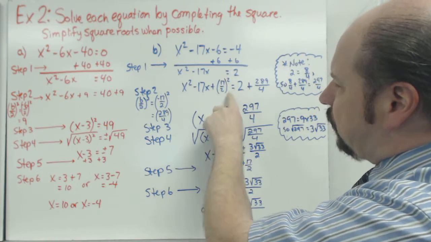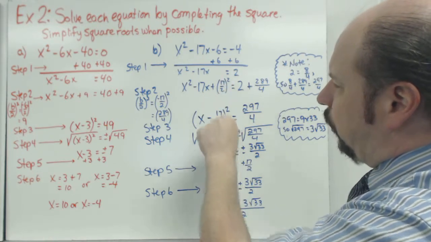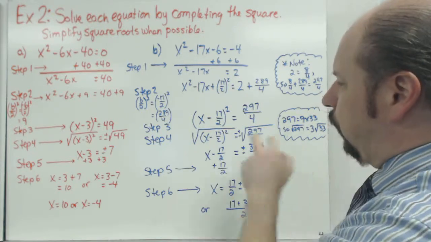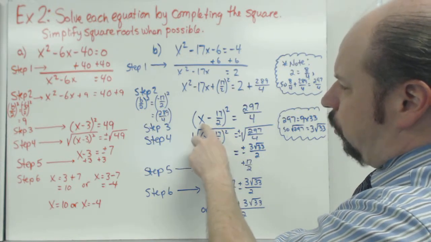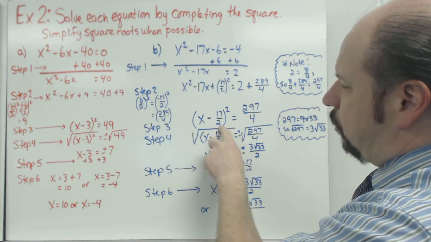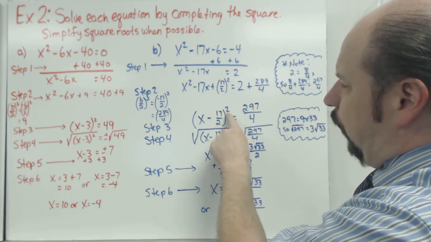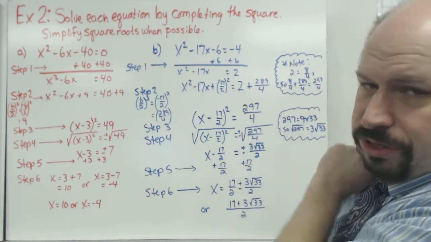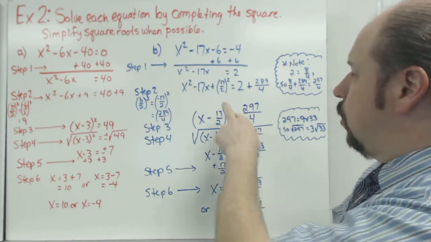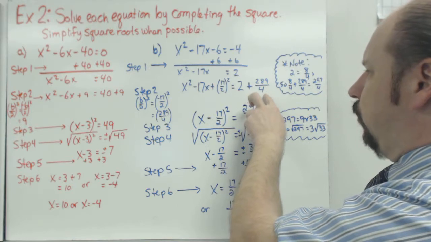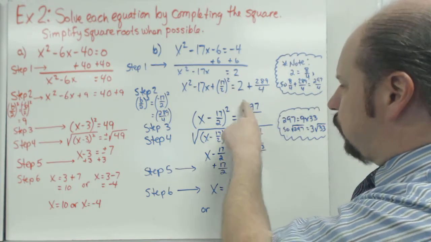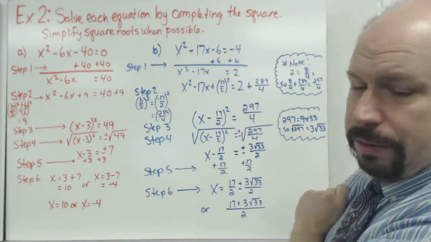Now, we can leave it as negative 17 over 2 squared here, because remember, when we factor that, really we just need that b term. So it's going to be x minus 17 over 2, squared. And over here, and I made a quick note here, 2 is the same as 8 over 4. So if we take 8 fourths plus 289 fourths, we get 297 fourths. So that's where this 297 fourths came from.